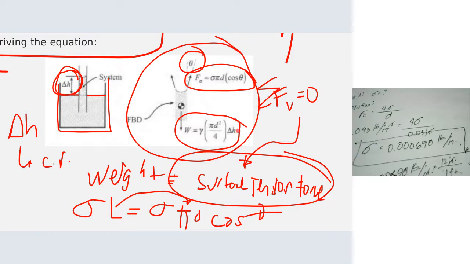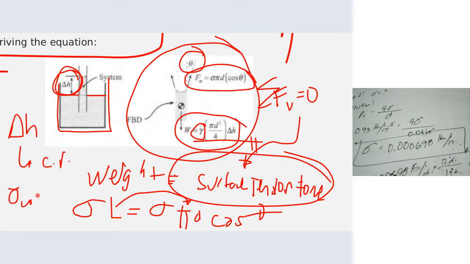And for the weight, okay, for the weight, so we have this gamma times pi d squared over 4 times the capillary rise. Now, saan ba nanggaling ito? Well, ang ginawa lang dito is kinuha yung unit weight, no? So, kailangan natin yung unit weight ng fluid.